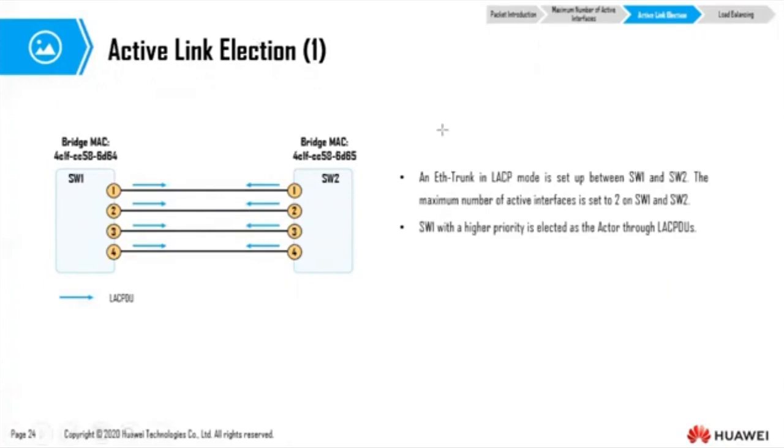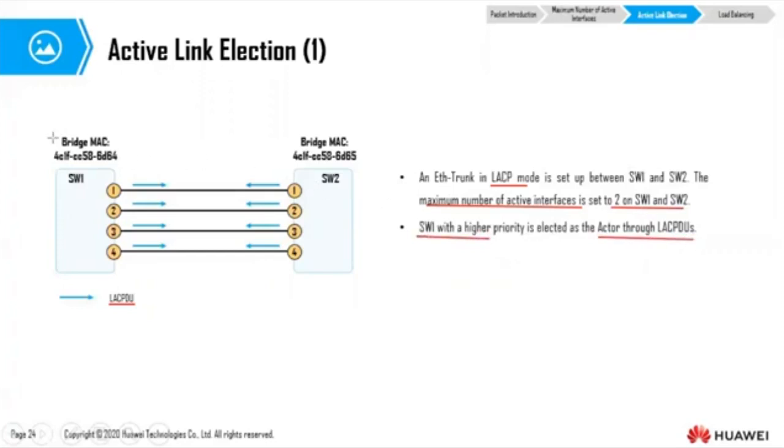So normally the switches that have been configured with LSCP mode will exchange LSCPDUs. After exchanging the LSCPDUs, they're going to look at the maximum number of active interfaces. In this case, it has been set to 2 on both switches. So in this case, switch 1 has a higher priority and will be elected as the actor.